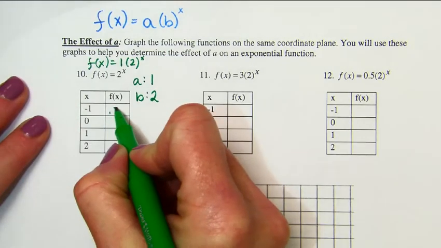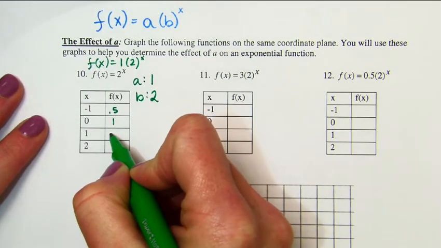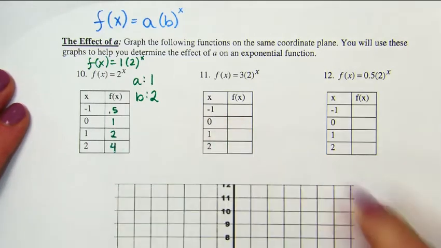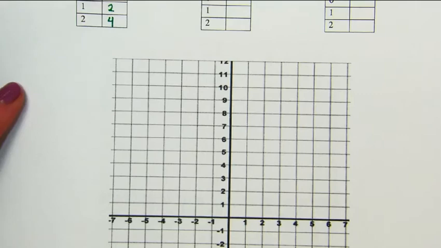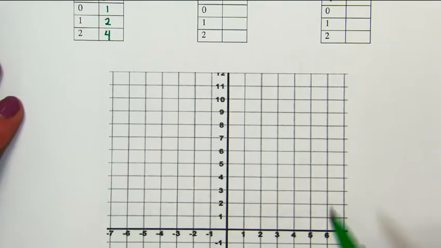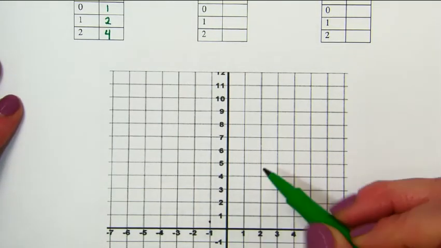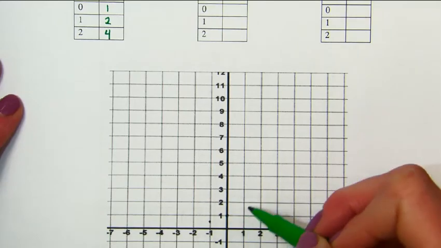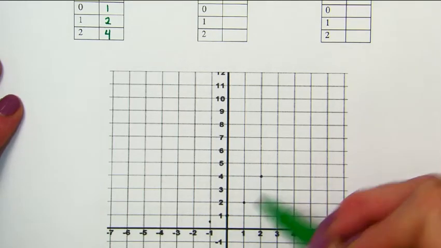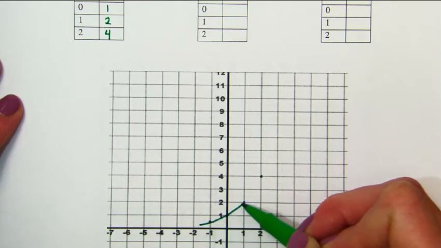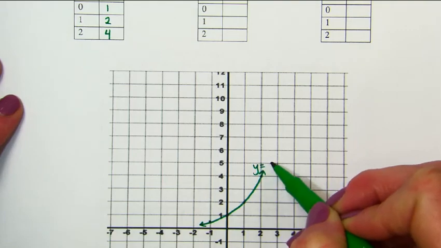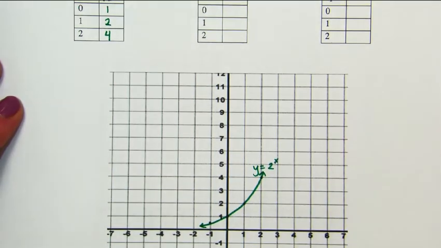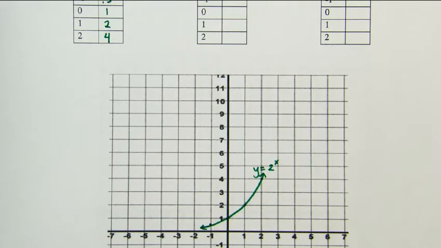We're just going to use what we had from the other table and get this graphed. And you'll notice on my graphs I'm not writing f of x, I'm writing y, and that's just because of room.